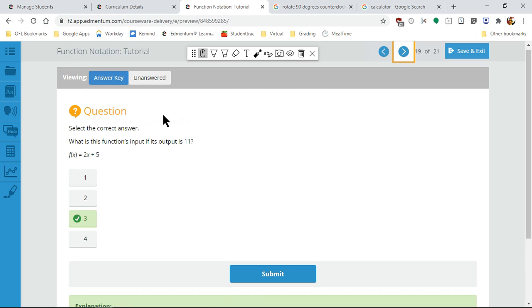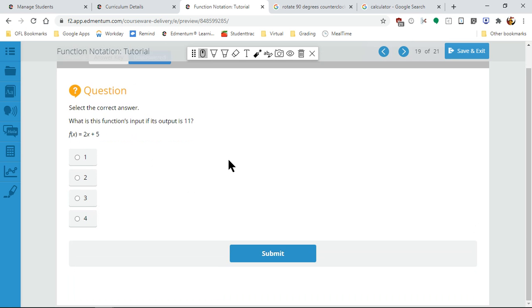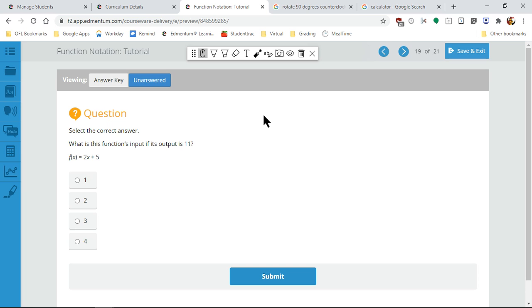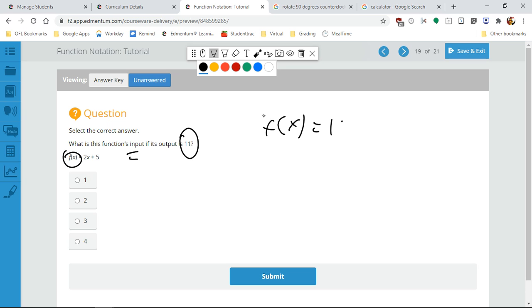So now we're going to pretend that we know what our output is, but we don't know what our input is. So what is the input of this function? Instead of writing f of x, we're going to write f of x equals 11.